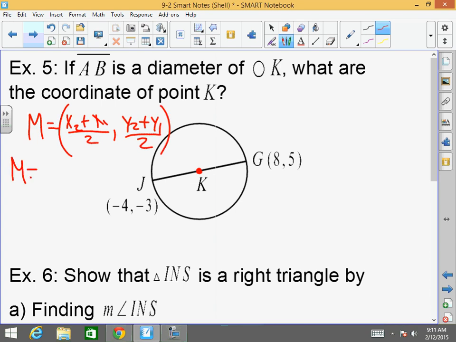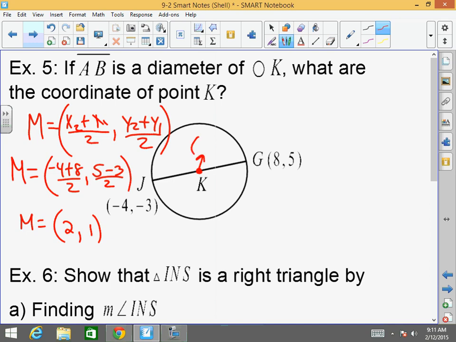So my midpoint would be -4 plus 8 divided by 2, comma, 5 minus 3 divided by 2. So my midpoint would be 4 over 2, which is 2, and 2 over 2, which is 1, and that's my center. That's point K, 2, comma, 1.